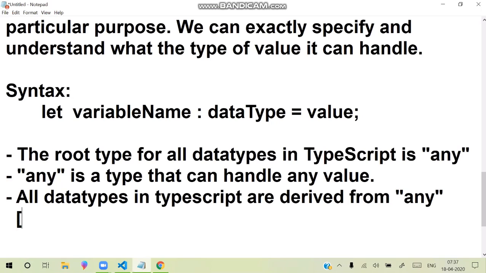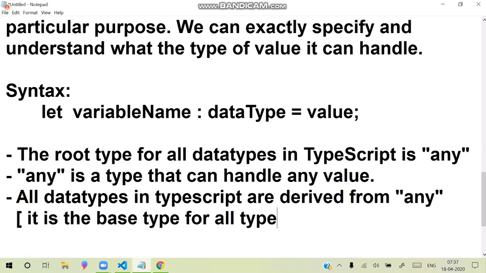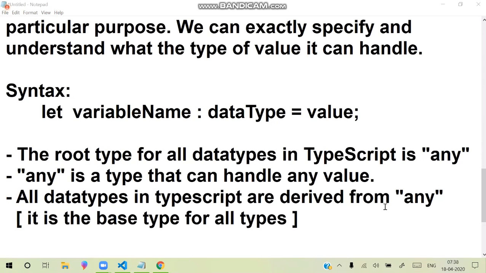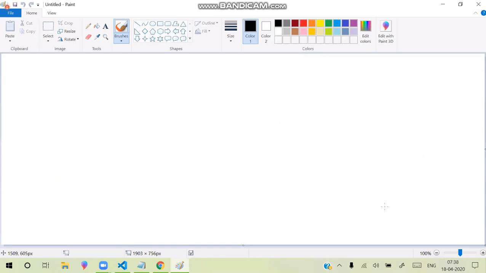And important, the data types are classified into two major categories.